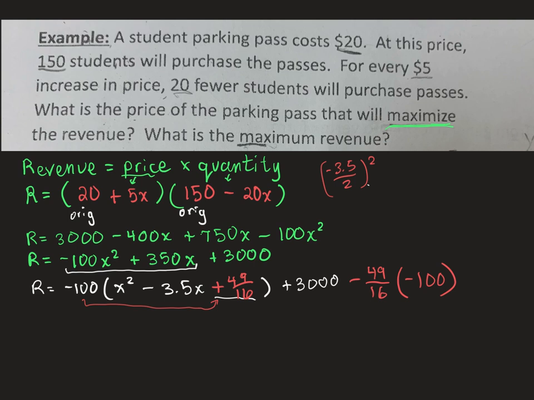All right, now final step, we factor our trinomial, and the shortcut is you take the square root of the first term, x squared would just be x. You take the sign of the middle term, so minus, and then you square root the last term, which would give you 7 over 4, square root of 49 over 16. Write the square on the outside because we just factored it into two binomials that were the same.